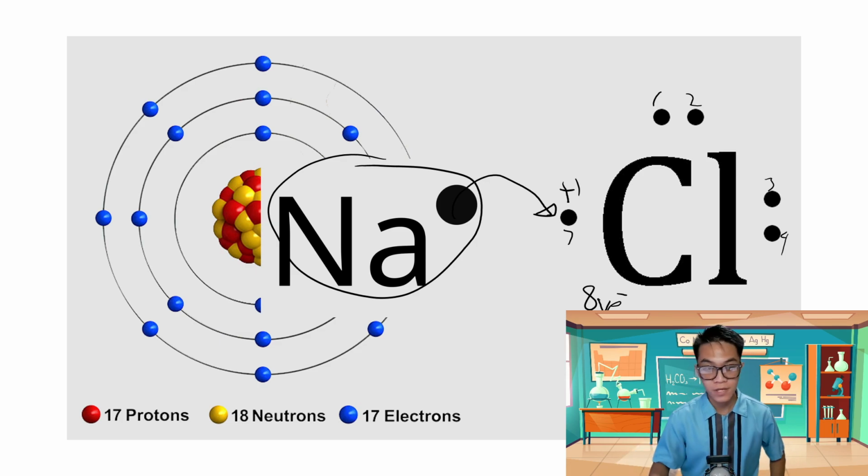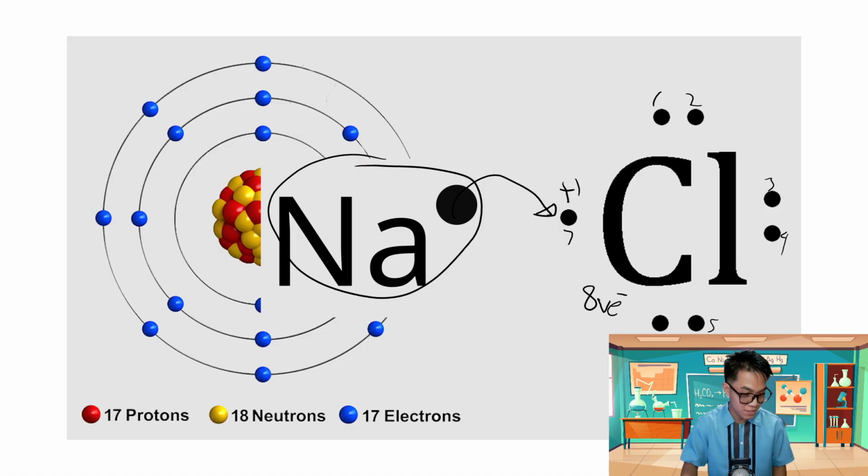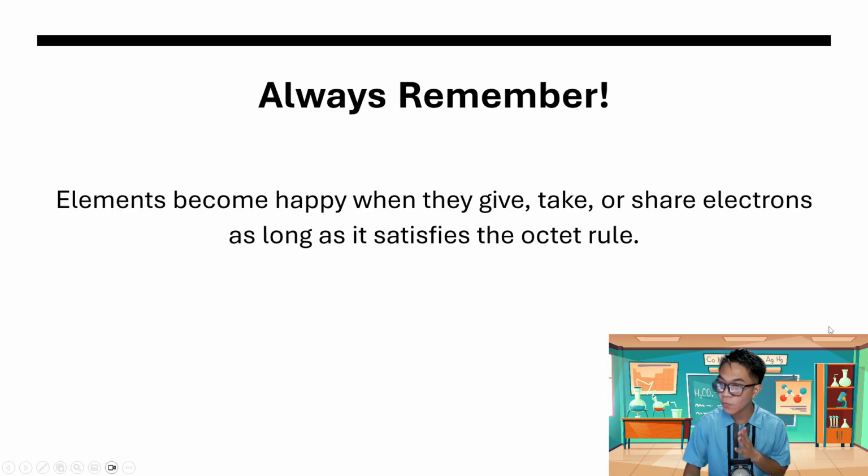All right, so that's how basically we do the LEDs for each element. Just have to write all those dots, and this will tell us what the possible reaction or possible product of this process is. And always remember, guys, that elements become happy whenever they give, take, or share electrons, whatever it takes just to satisfy the octet rule, because it is their mission to accomplish that.